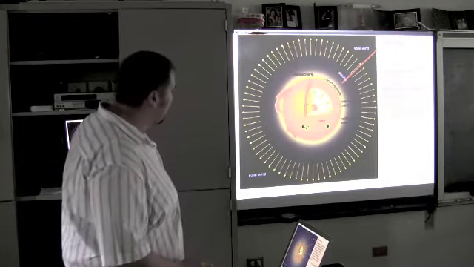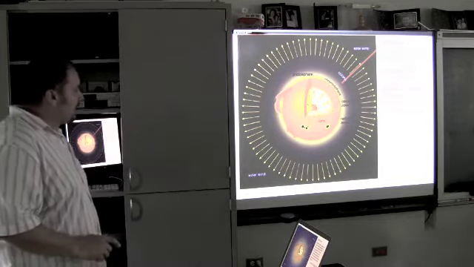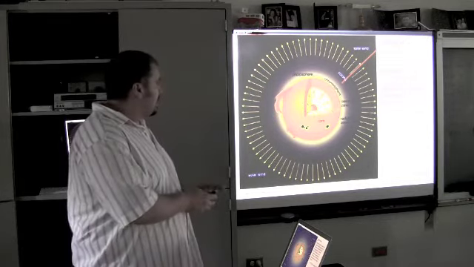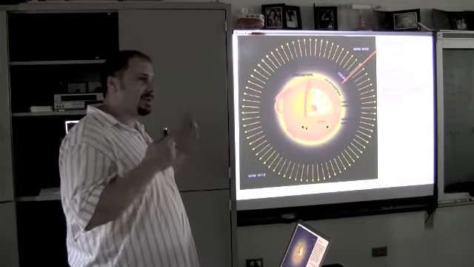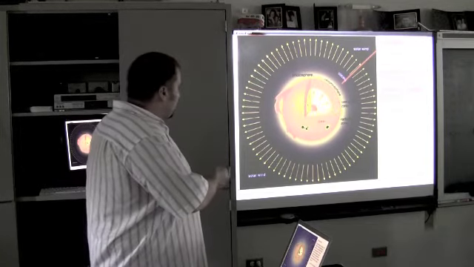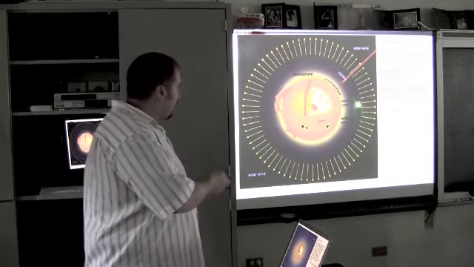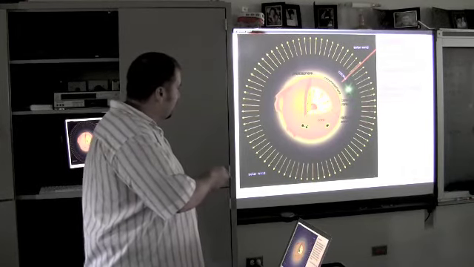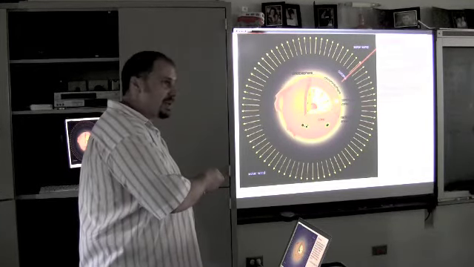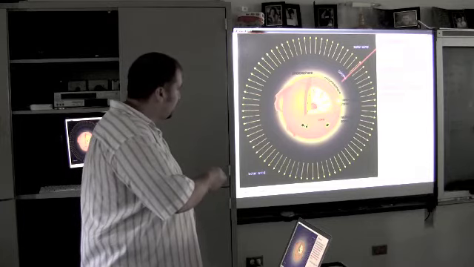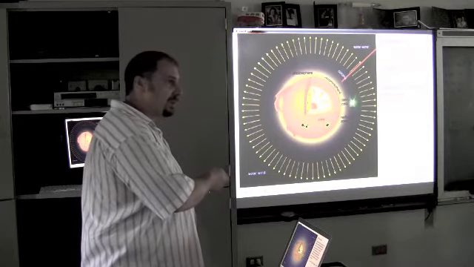And the solar corona is important because that's where the magnetic field is dominant. Nowhere in this region is the magnetic field dominant, only in the corona. Why? Because the kinetic gas pressure decreases exponentially from the surface of the sun outward.